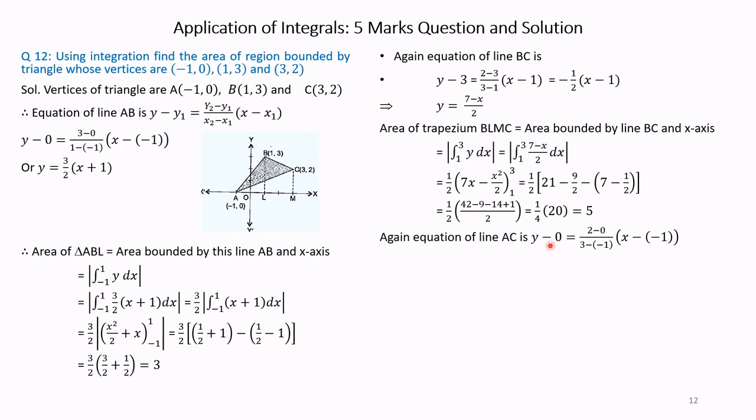Now we will find the equation of line AC to find the area of the triangle. Here is the equation of AC: y minus 0 is equal to (2 minus 0) divided by (3 minus of minus 1) into (x minus of minus 1).